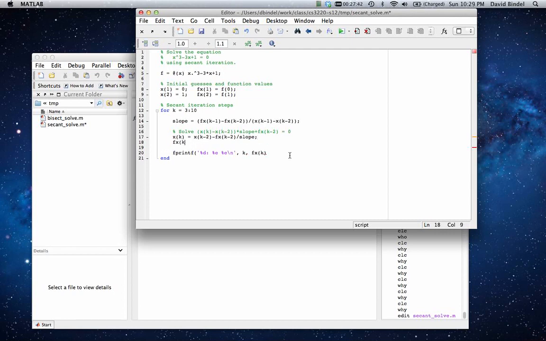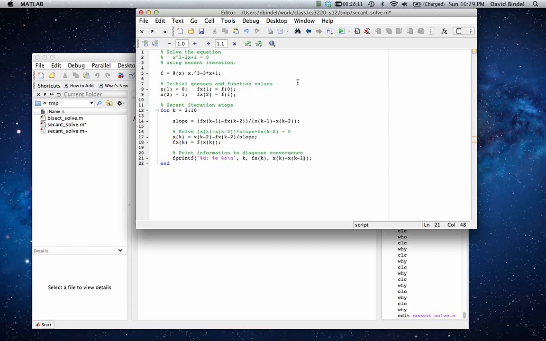So fxk is f of x of k. And in addition, I would like to know how much I've moved. So xk minus x k minus 1. So both of those numbers should be going to 0 as I move along. So print information to diagnose convergence.